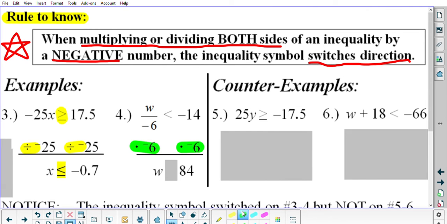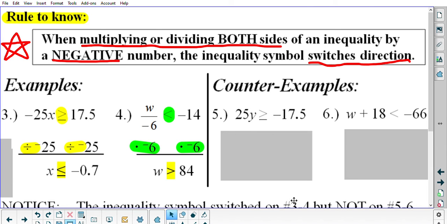So the inequality symbol used to be less than, but since we multiplied by a negative on both sides, it changes to the greater than symbol. It switched its direction.